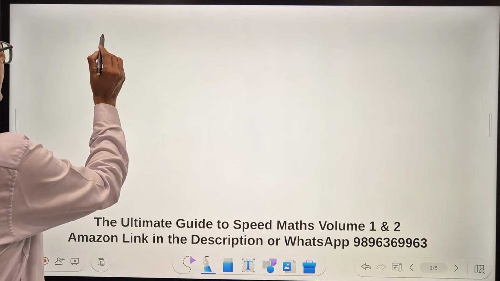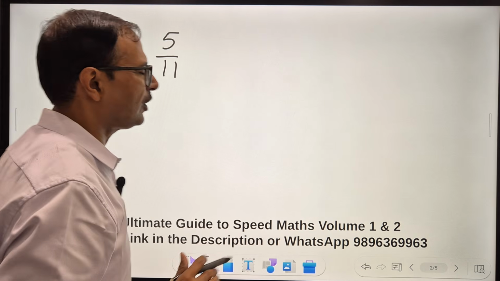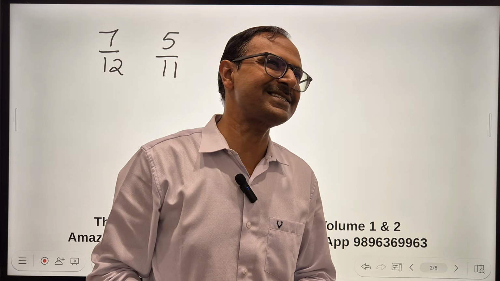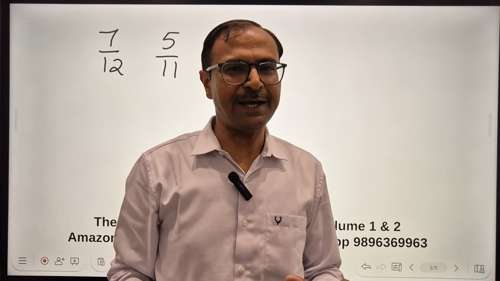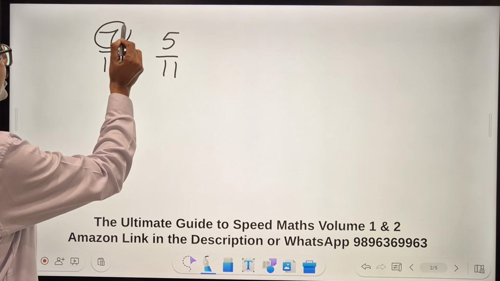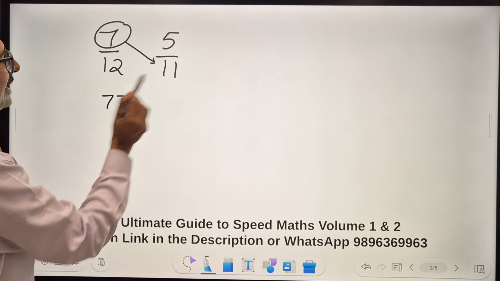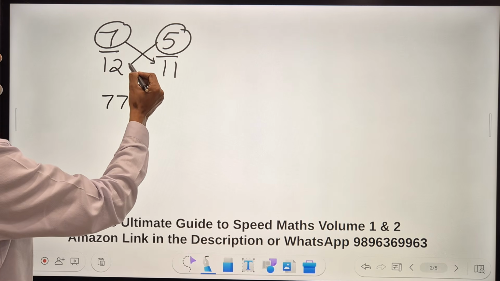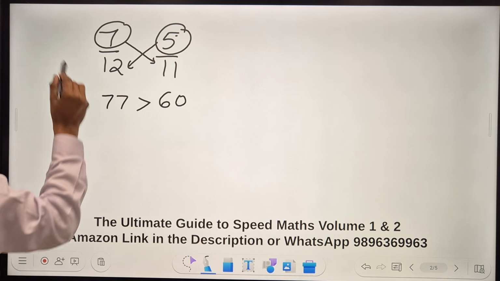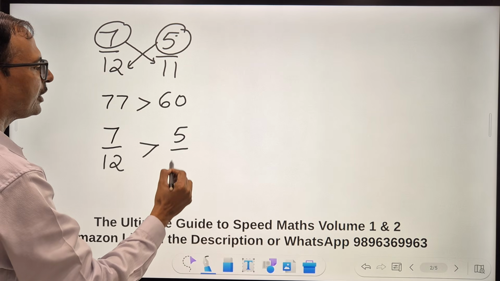Let's first understand 7 upon 12 and say 5 upon 11. I want to find which one of these two is the larger one. I need to compare the two fractions first. See the numerator here, 7. If you cross multiply it here, 7 gives a product of 77 with 11, and the numerator here gives a product, 5 times 12, 60, and because 77 is greater, 7 upon 12 is bound to be greater than 5 upon 11.